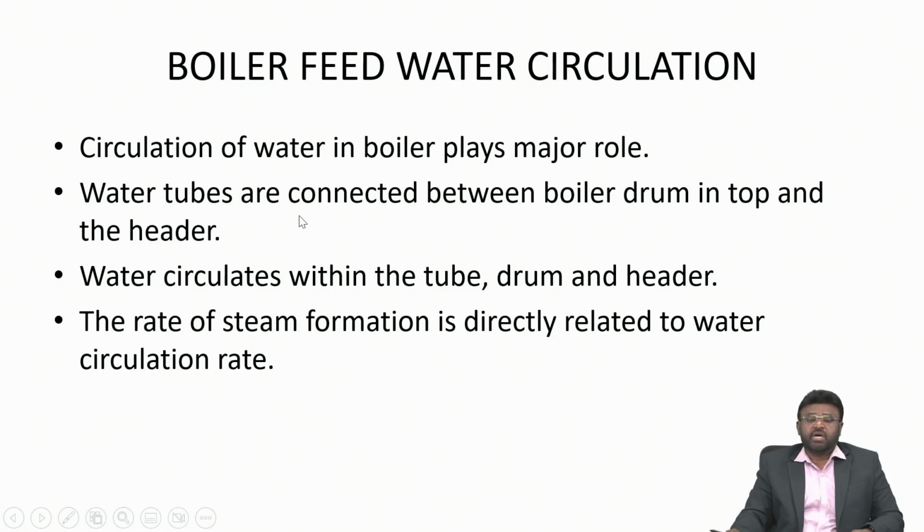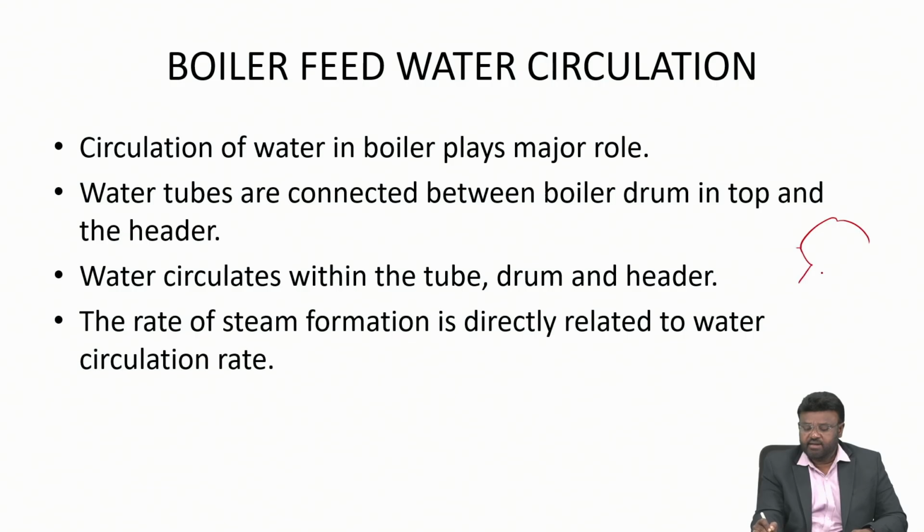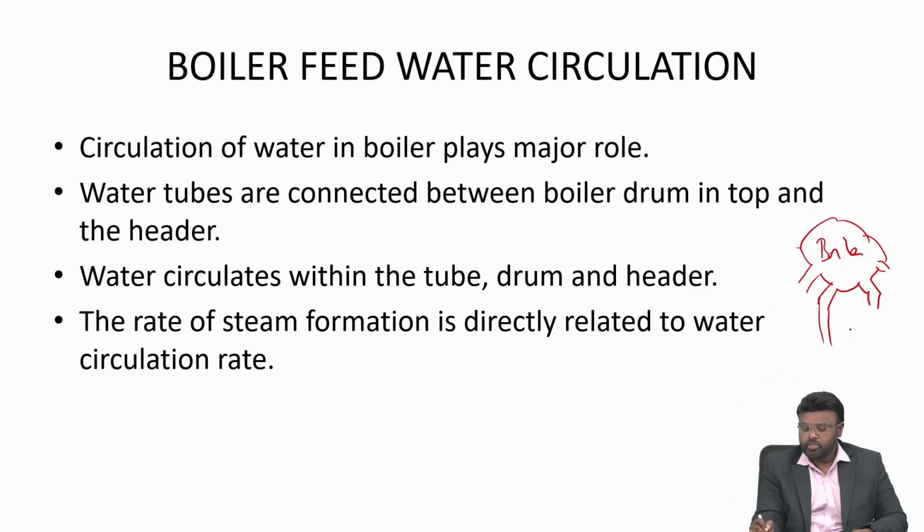Therefore, water tubes are connected between the boiler drum at the top and the header, as I indicated. In the last class I showed how this boiler drum is connected with the header. So this is the boiler drum and these are connected to the header.